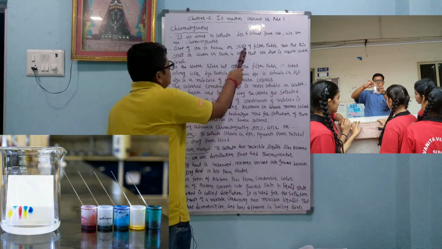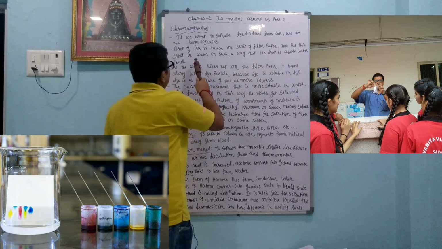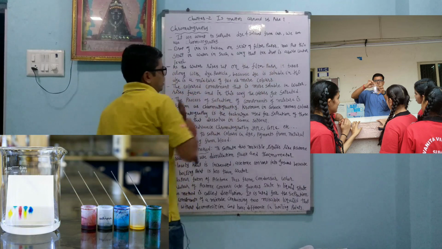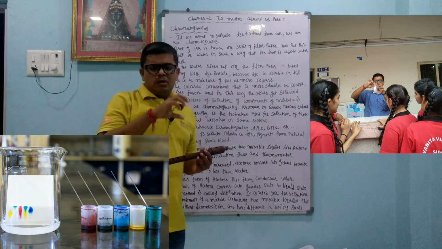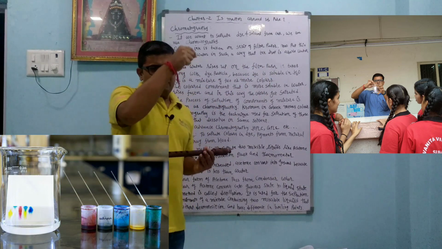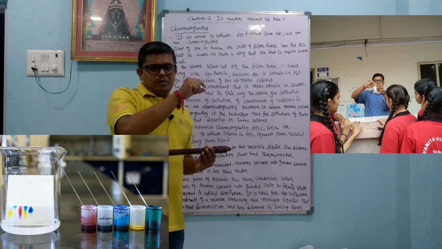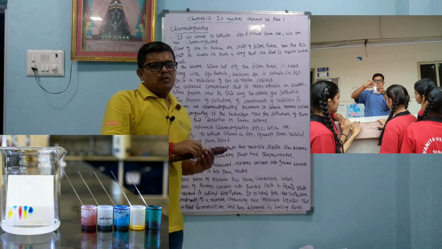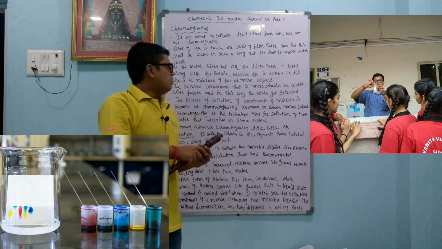A drop of the ink is taken on the strip of filter paper. Now put this strip in water in such a way that the ink drop remains above the water level.